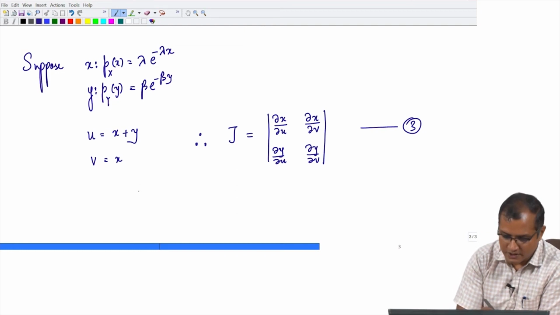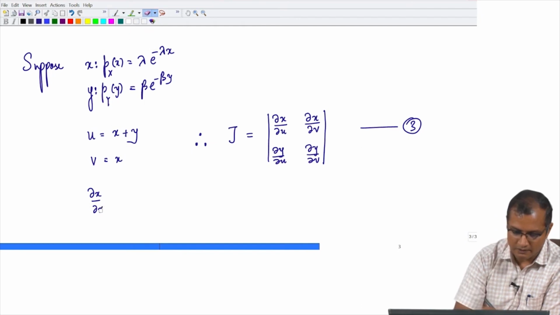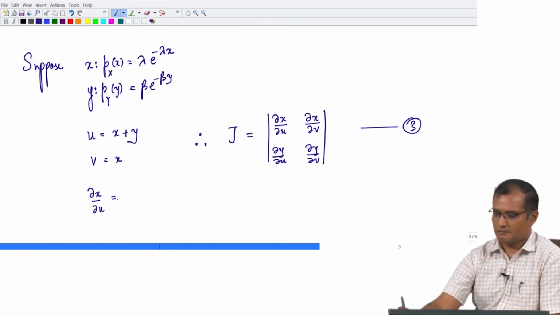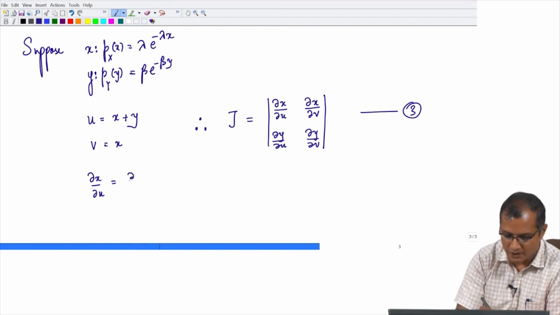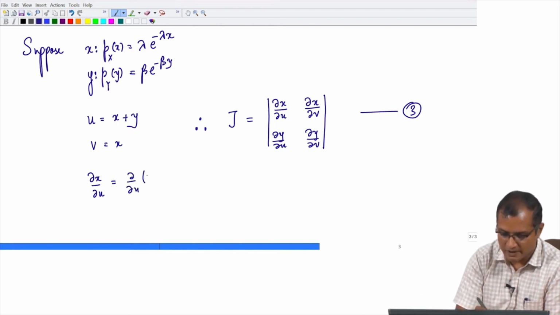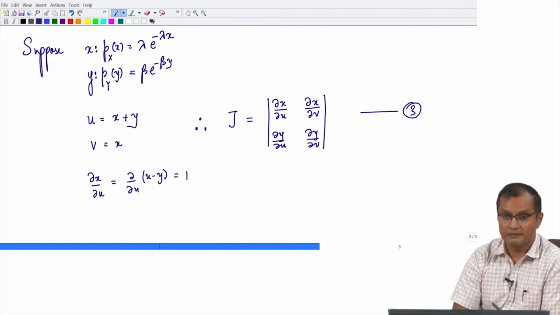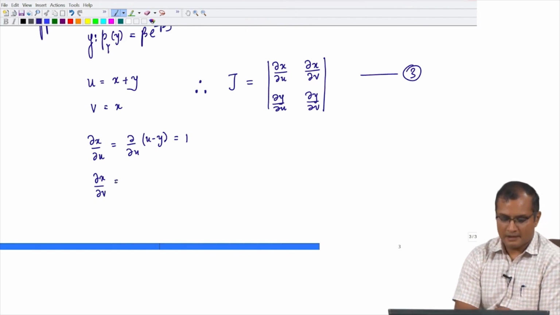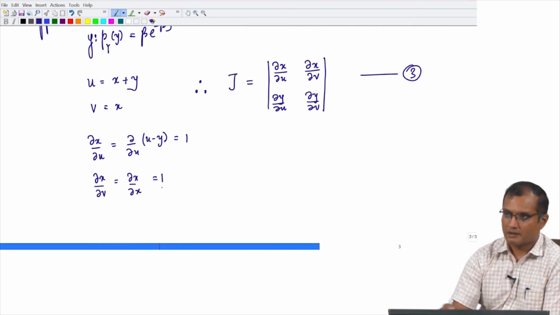So, dx over du we can write it as simply d over du into x, which can be written as u minus y. So, this is just 1, okay, and dx over dv is nothing but dx over dx, because v is equal to x. So, that is 1. Okay.